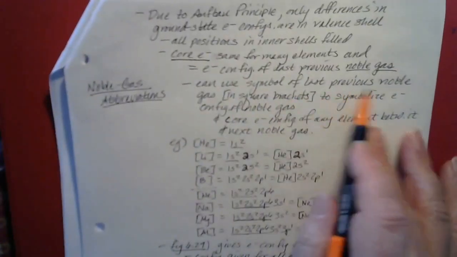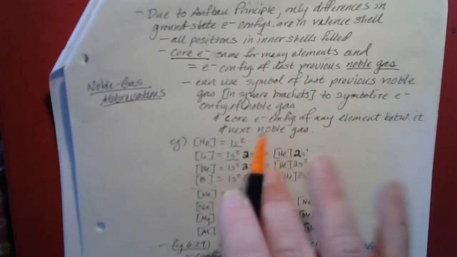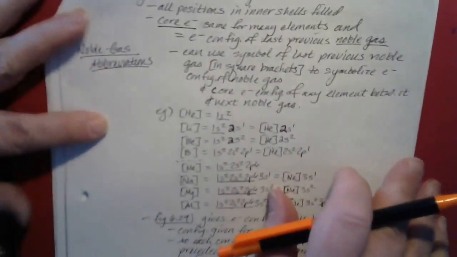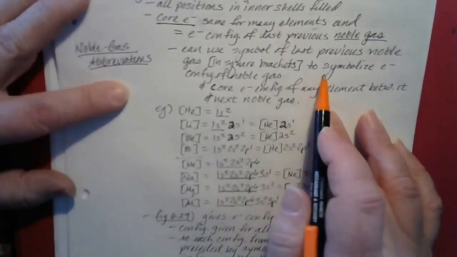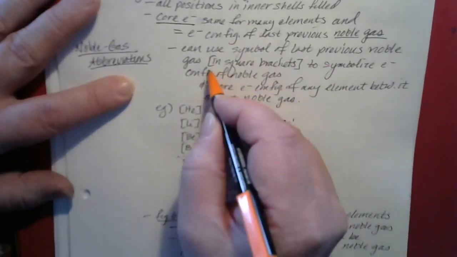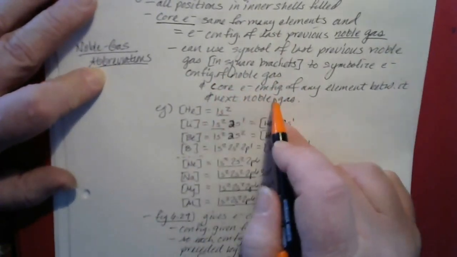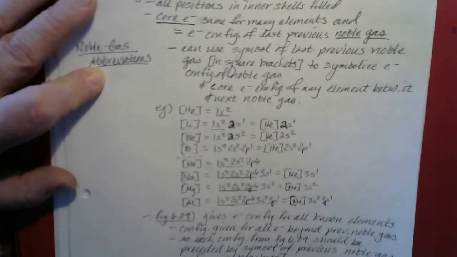So you can use the symbol of the last previous noble gas in square brackets. The square brackets around the symbol for the element denote the electron configuration of that noble gas. And that would also be the core electron configuration of all of the elements that come after it up until the next noble gas.